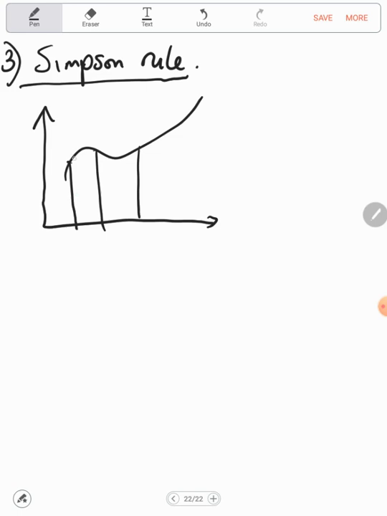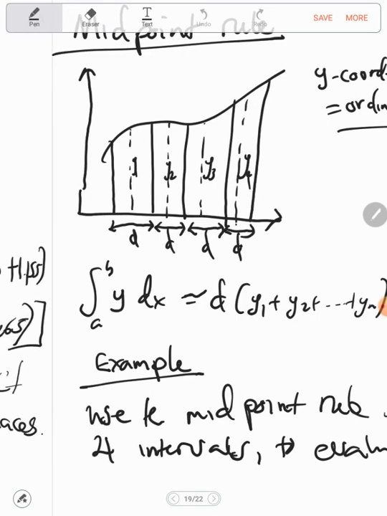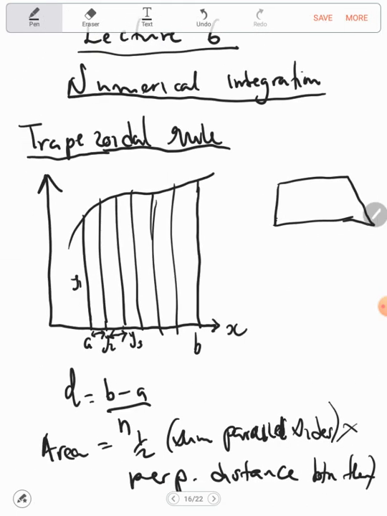Okay, so here we take note that this is a parabola. These lines are not straight, because for the trapezoidal rule, we approximate this as linear lines so that we make the trapeziums.